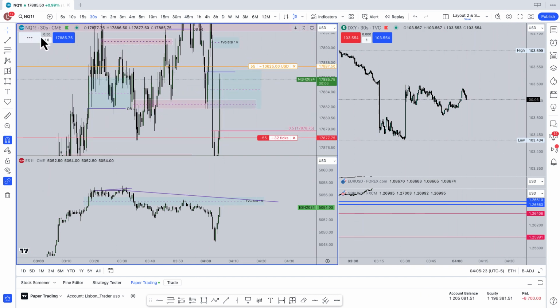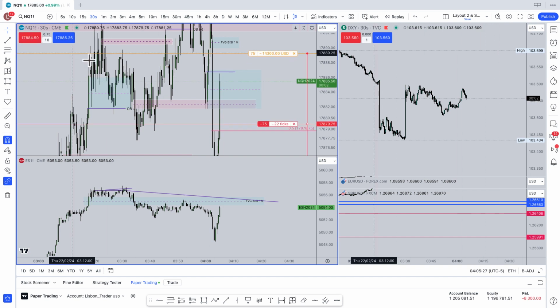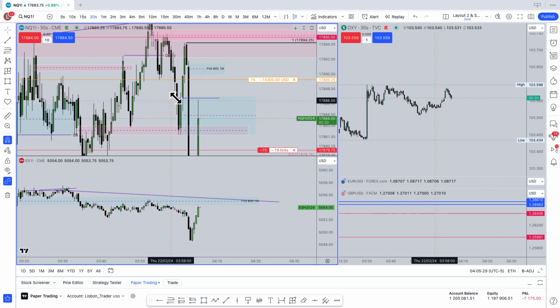Breaker. To give it a little bit more space because there's a fair value gap here. There.